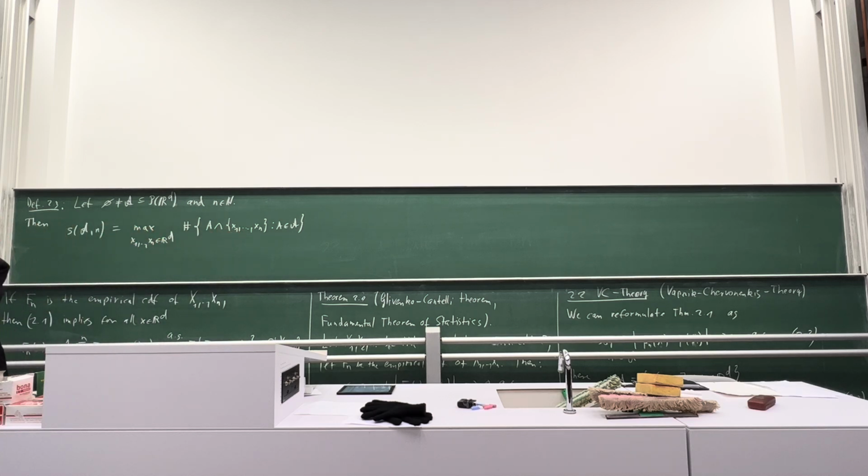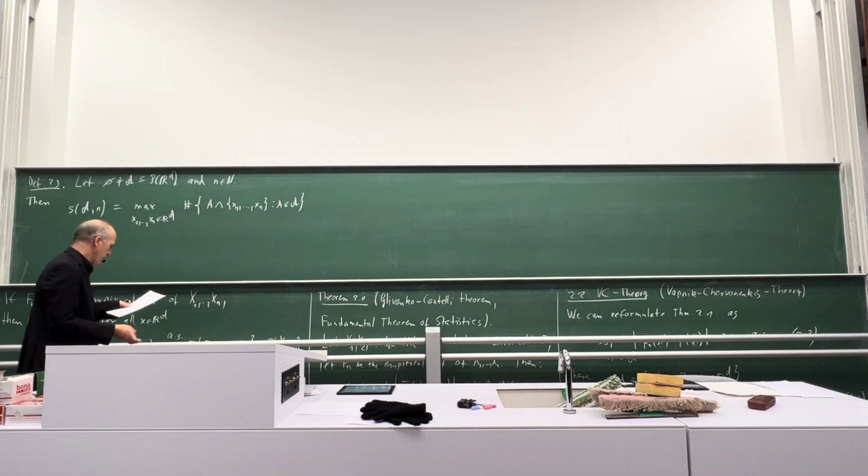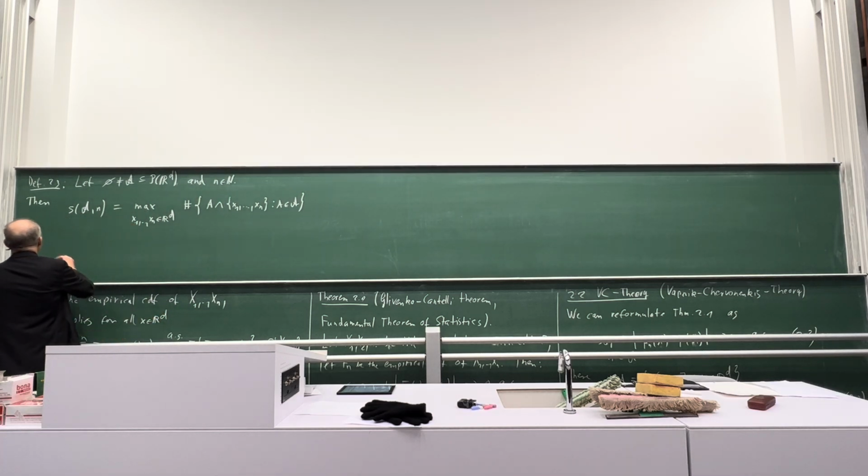So how complex is capital A if you reduce it to x1 to xn? This is called the nth shadow coefficient of A.